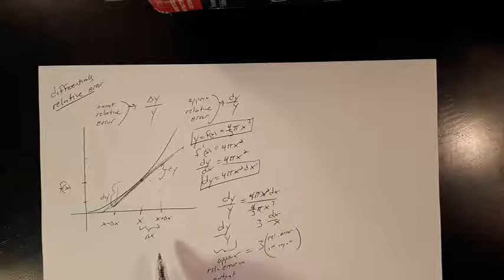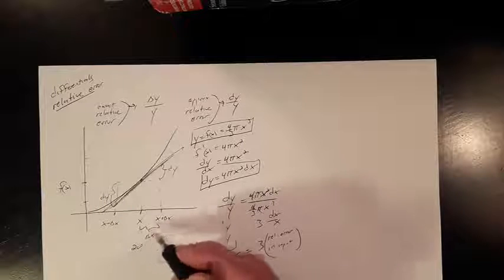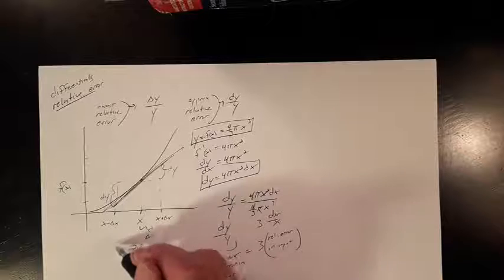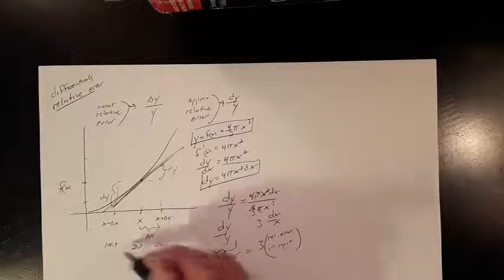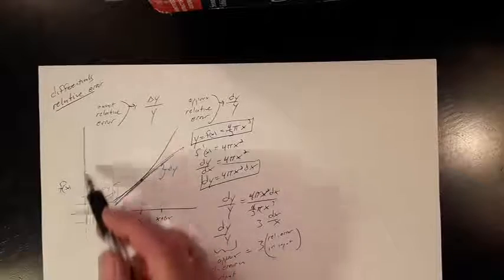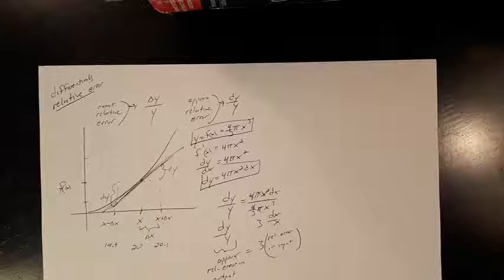So for instance, if you thought the radius was 20 and there's a give or take of 0.1 in your calculation, then maybe the radius is between 20.1 and 19.9, in which case your computed volume has a range that it's going to be off as well.